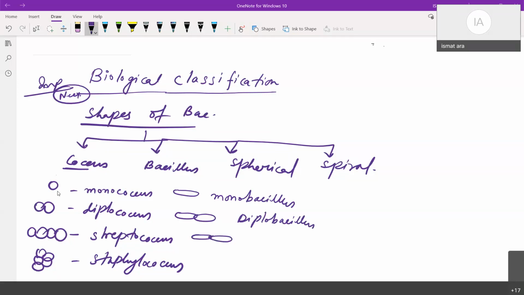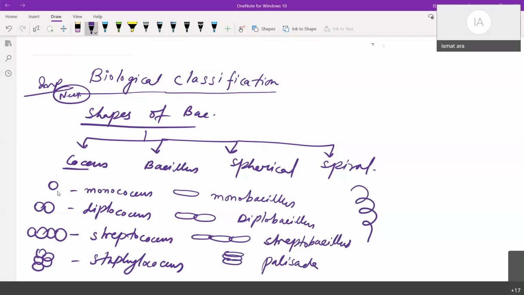In straight chain form, it is called streptobacillus. And if they are in the form of a stack like this, they are called palisade. Then the spiral form, students, like this.